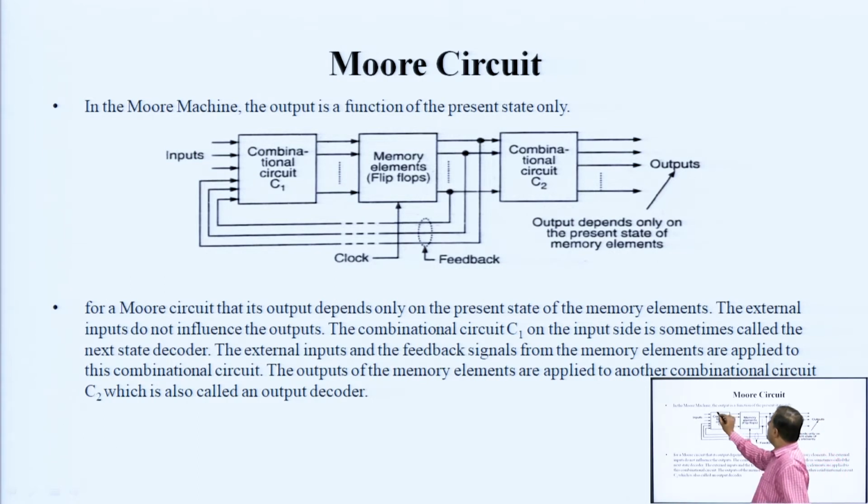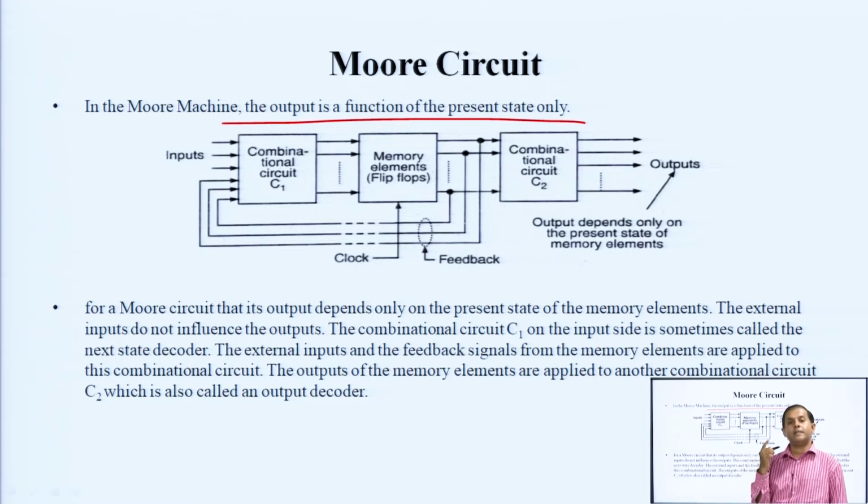In the Moore machine, the output is a function of the present state only. Previously it was the present state as well as external inputs; here it is only the present state. Here also we have two combinational circuits C1 and C2 and the memory element, the flip flops.